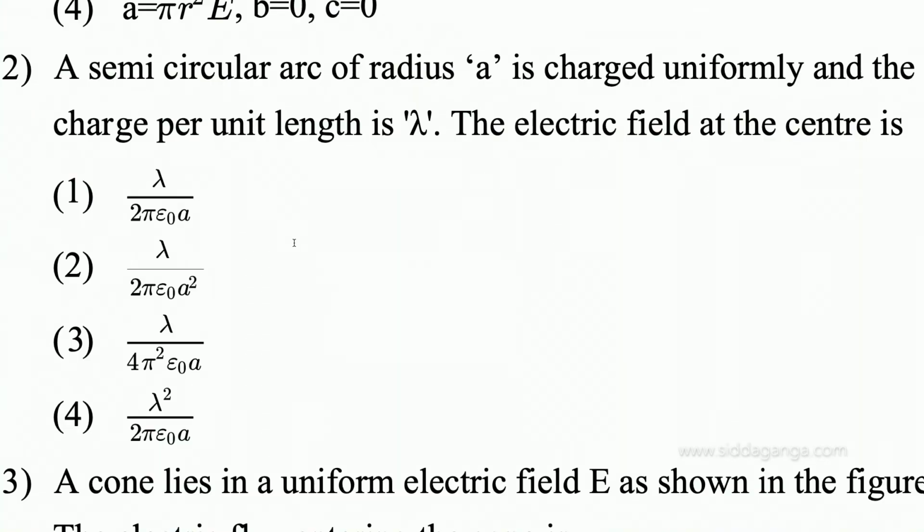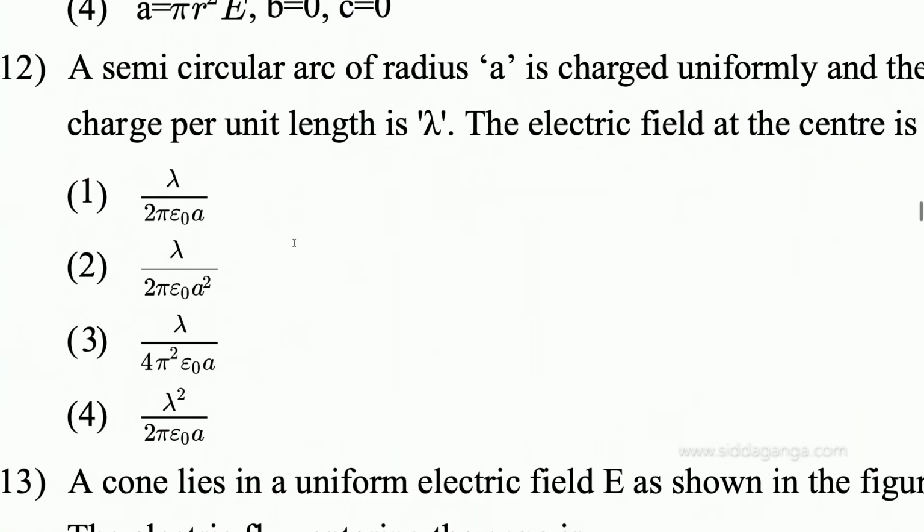Now, a semicircular arc of radius A is charged uniformly and the charge per unit length is lambda. The electric field at the center is?